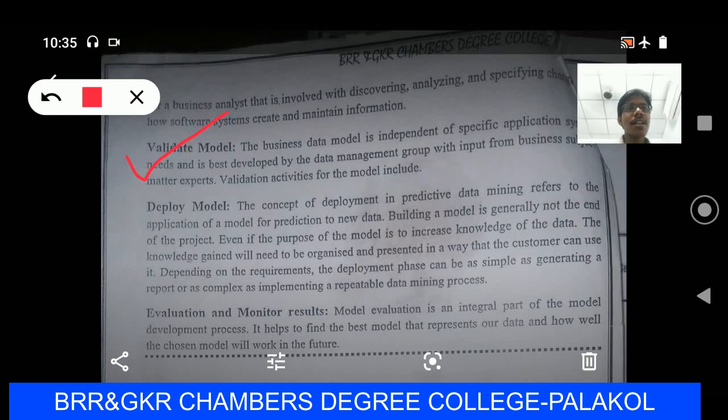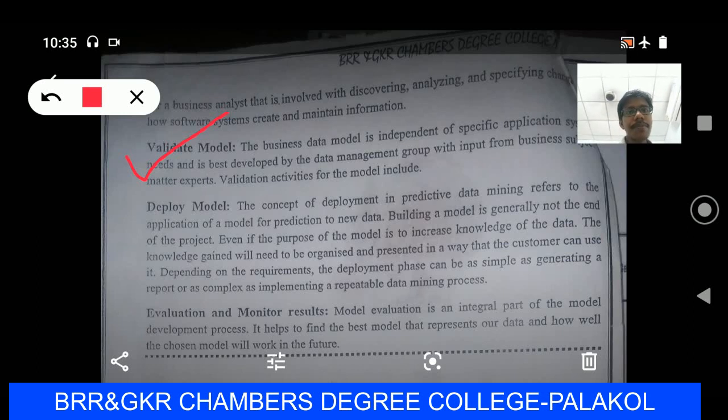That means when the collection of data is updated, then the model can be validated.